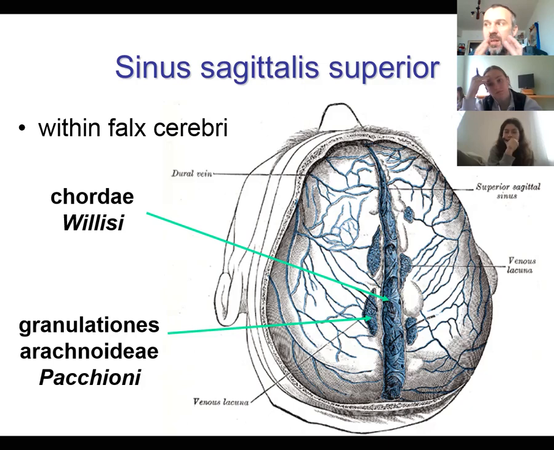So it compresses the brain tissue, and it's called hydrocephalus. The ventricles inside the brain enlarge. If you are a fetus, then the skull gets larger. If you are an adult, then that destroys your brain. So these arachnoid granulations of Pacchione are a very important spot for absorption of CSF.